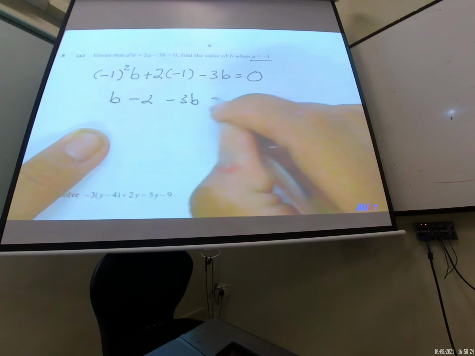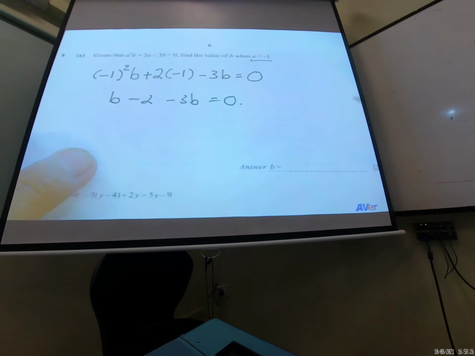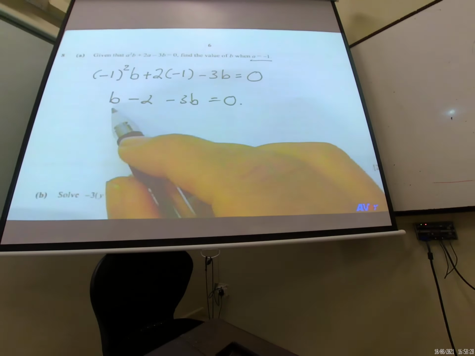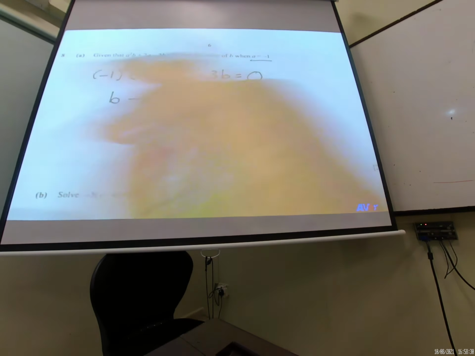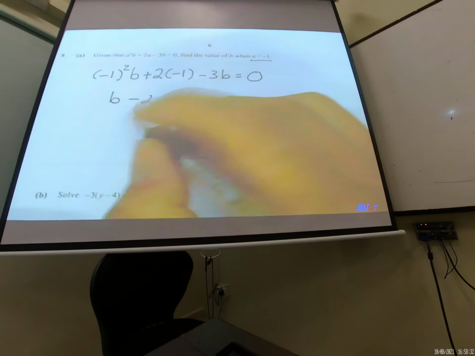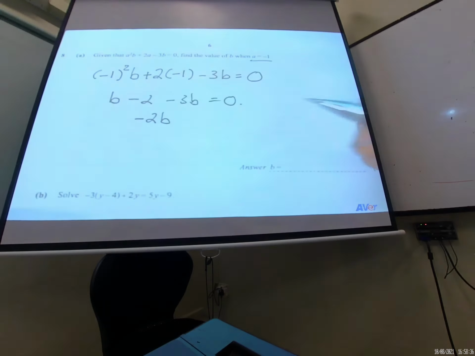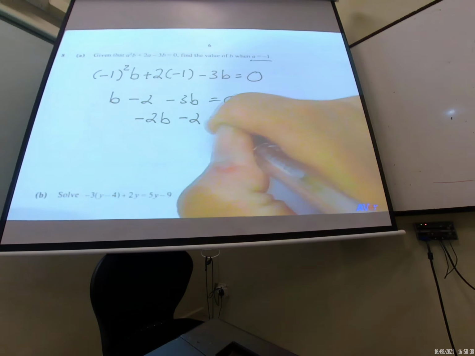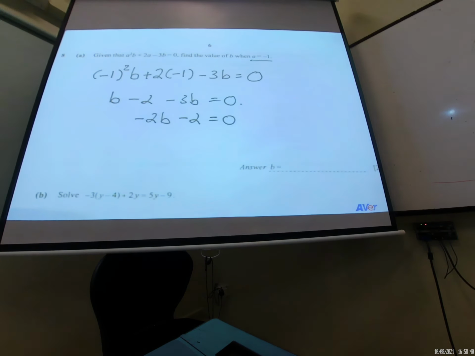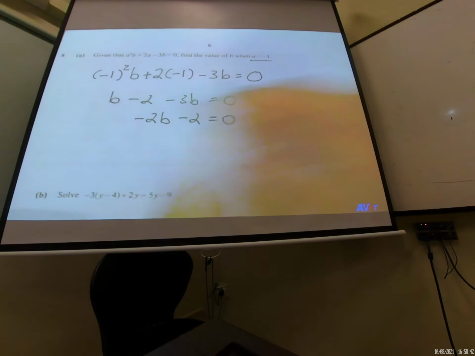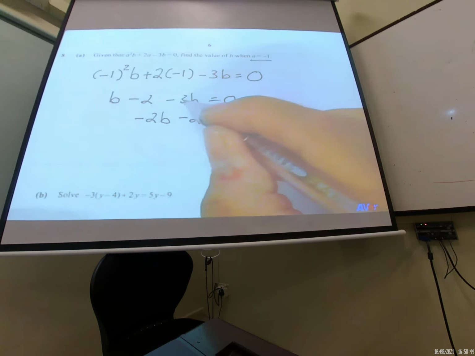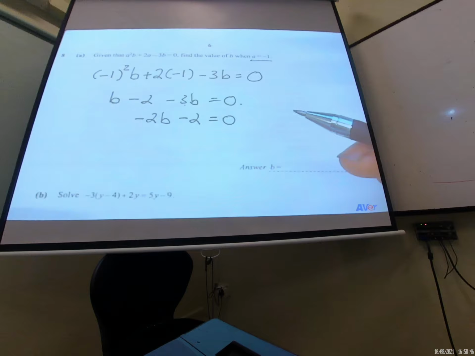Minus another 3b equals 0. b minus 3b, from 1 I take away 3, I will be left with -2b. Minus 2 equals 0. Group the like terms. This term has b, this term has b, we put them together and it becomes -2b.